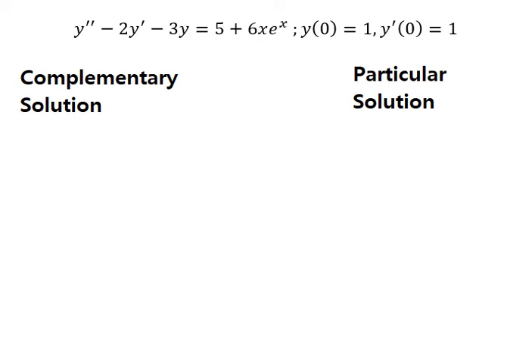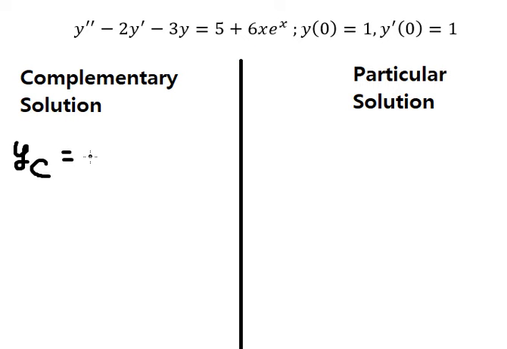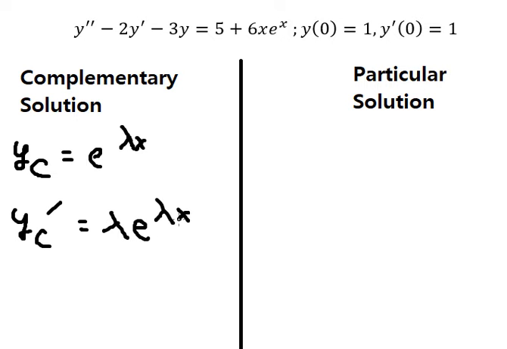So for this one, I need to put yc equals e to the power of lambda s. Later we do the first derivative of yc and we have lambda e to the power of lambda s.